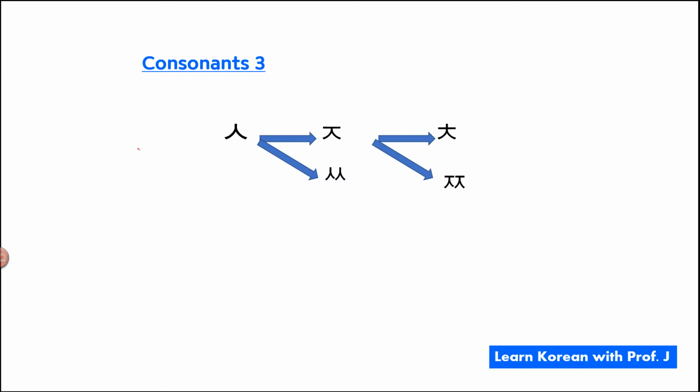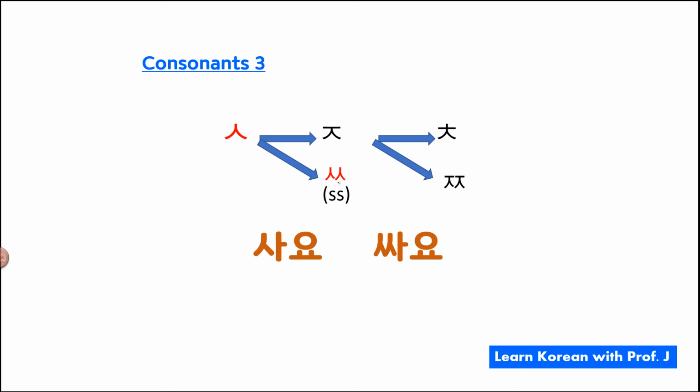As you can see on the slide, from 시옷, which makes an S sound or hissing sound, the J sound and the double S sound were derived. First, we're gonna look at these two.